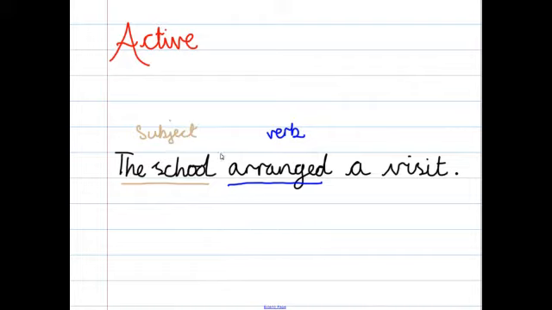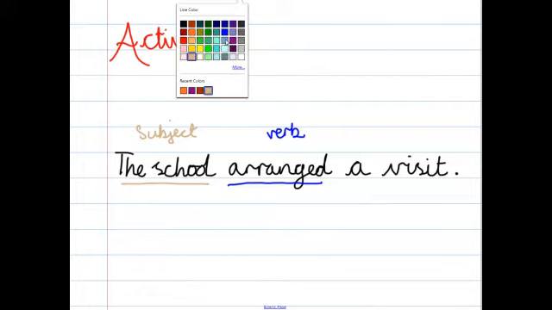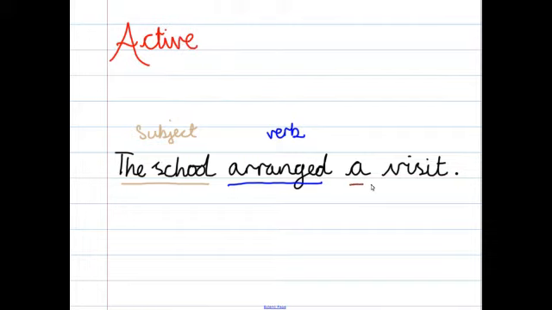And we can see that the school is actively doing the arranging. The school here is doing the arranging, so it's actively doing the verb. So we would say this is an active sentence. What is it actively doing? Well, it is arranging a visit. So this would be the object of the sentence, the thing that is affected by the verb.